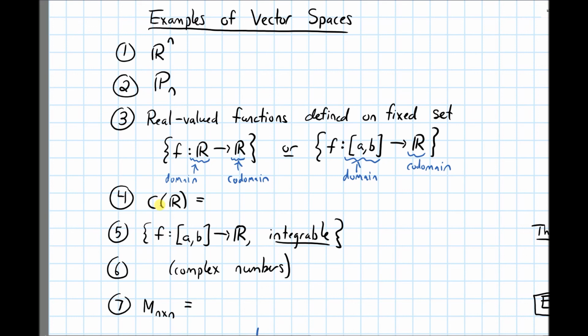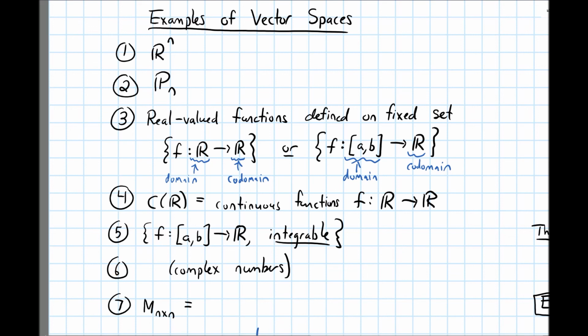I'm writing C, and then in parentheses, R. What this represents is the set of continuous functions f from R to R. So the domain is R, and the codomain is R. In example 5, all of the integrable functions, where the domain is the closed interval from a to b, and the codomain is R. So integrable, if I can integrate them, so they're using some calculus here, those form a vector space.